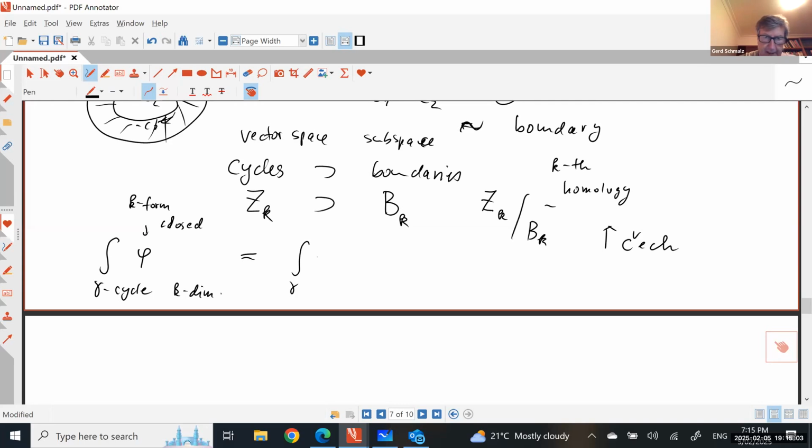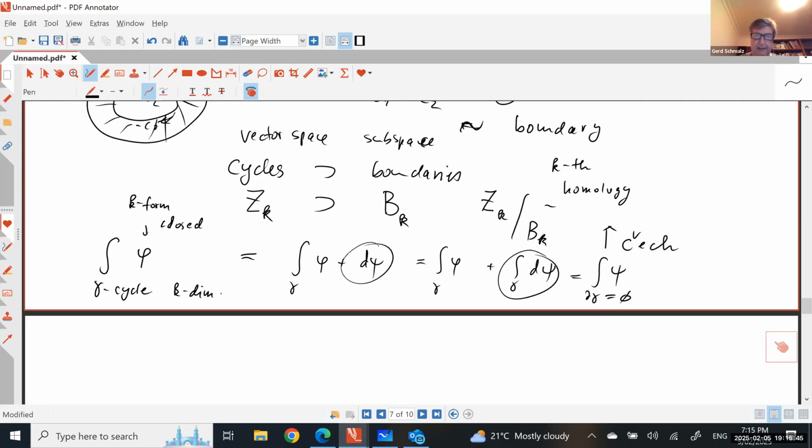Because if I add here some exact form, then this is the same as this plus the integral of this, but by our fantastic Stokes theorem, this is the integral over the boundary, but the boundary is empty. So that does not contribute.